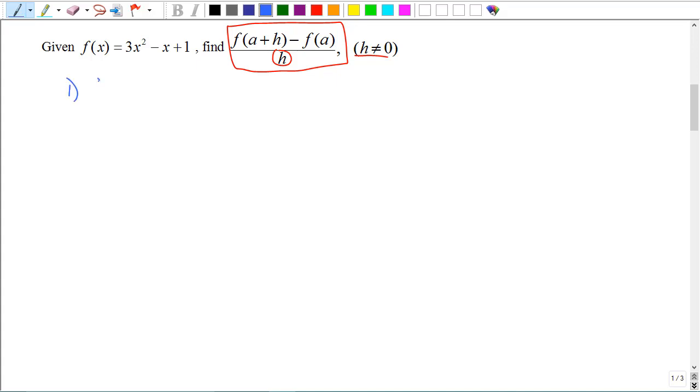The first thing I'm going to do is find f of a plus h. Again, everywhere there is an x, I'm filling in with a plus h. I'm using my parentheses again to be careful.